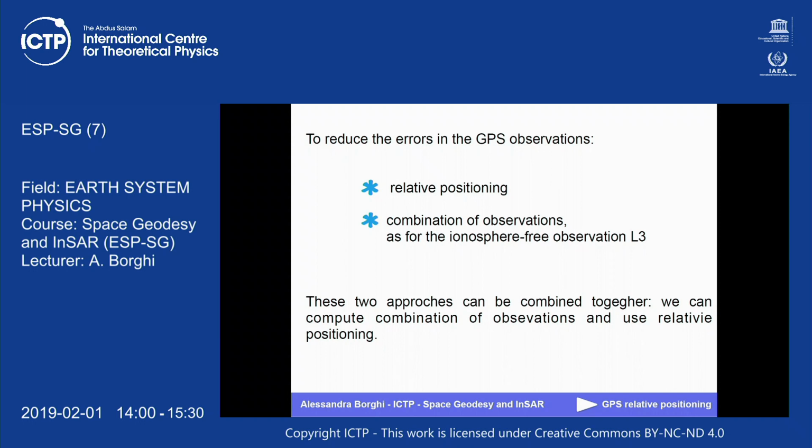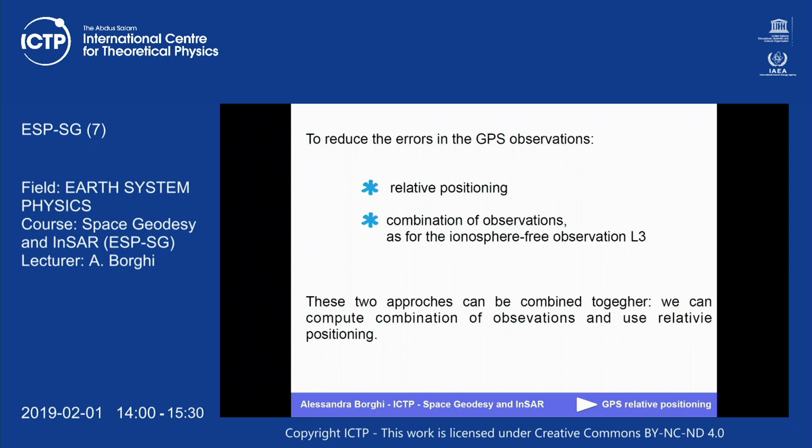To reduce the errors in GPS observation, you have principally two approaches: relative positioning or combination of observation, such as the ionosphere-free observation, L3, as we have seen yesterday to reduce the ionosphere effect.